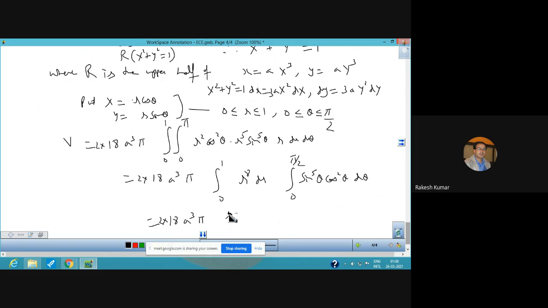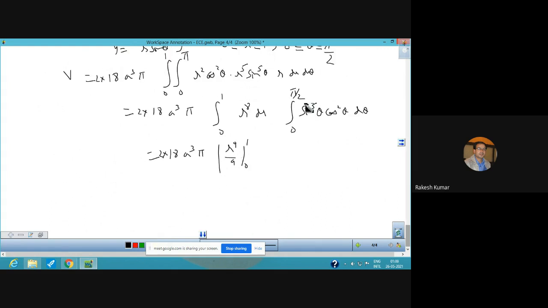So this is r^9 upon 9, from 0 to 1. Why do we do so? Because for 0 to pi by 2 we can apply a reduction formula. So 4 into 2, and 2 minus 1 is 1; 5 plus 2 is 7, then 5, 3, 1.